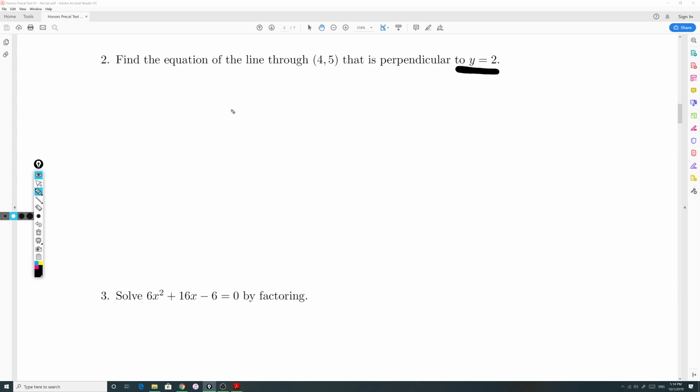So if we are perpendicular to a horizontal line, that means we're a vertical line. Vertical lines are also special cases. Vertical lines have equations that always say x equals. So in this case, x equals 4, and we're done. Nothing else to do in this particular problem.